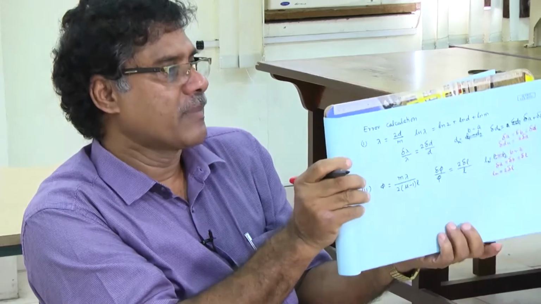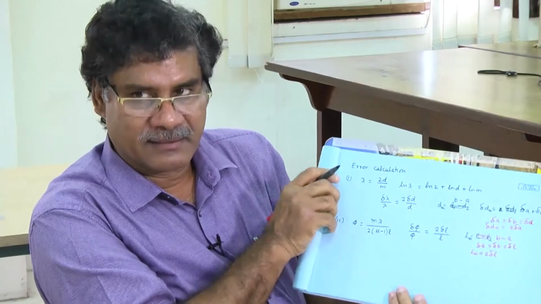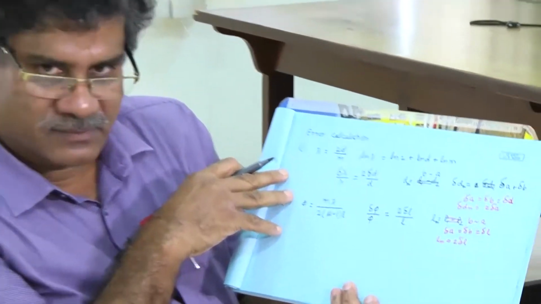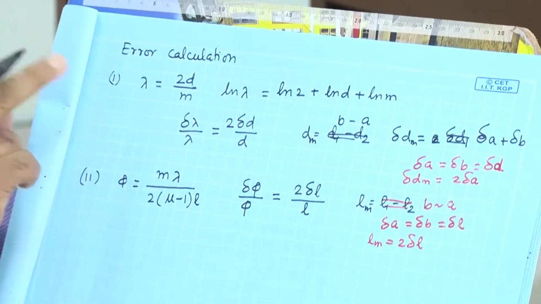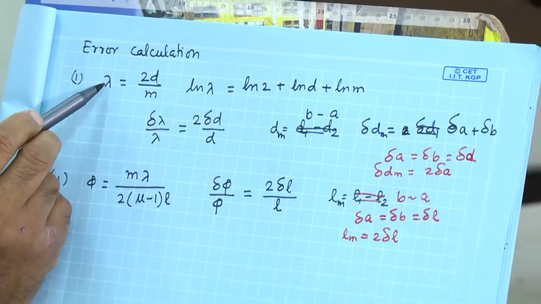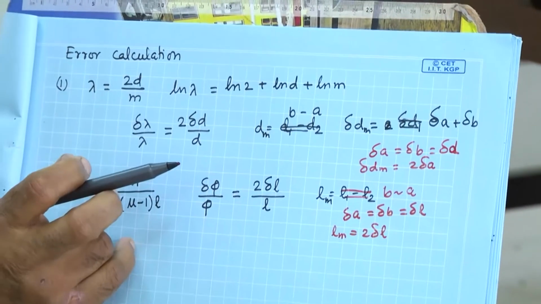So, after taking all this data and getting the result, you have to do the error calculation. One is you are calculating the wavelength lambda. Which formula have you used? Lambda equal to 2d by m.